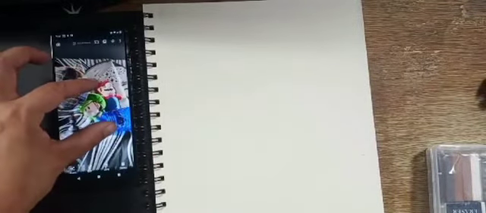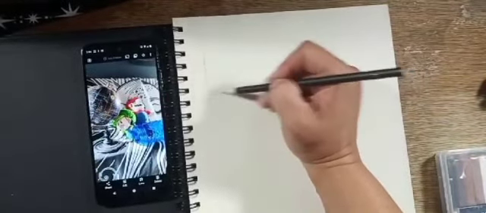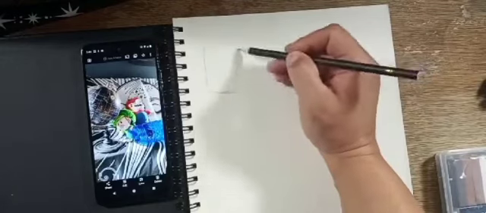the thumbnail sketches. So I have my reference photo right here. Okay. And I'm going to draw myself 4 rectangles.